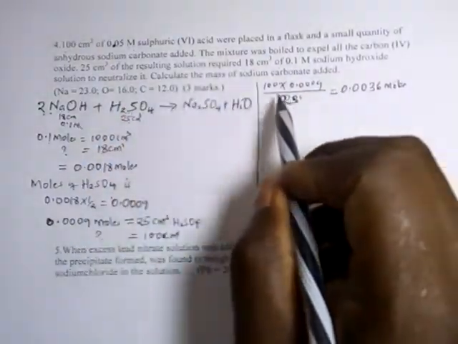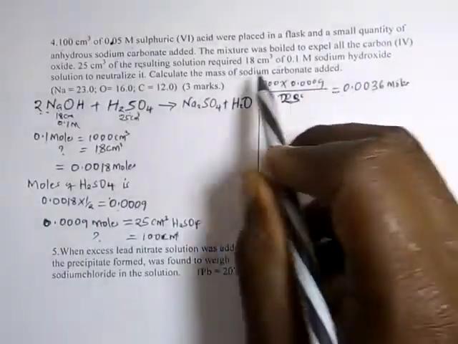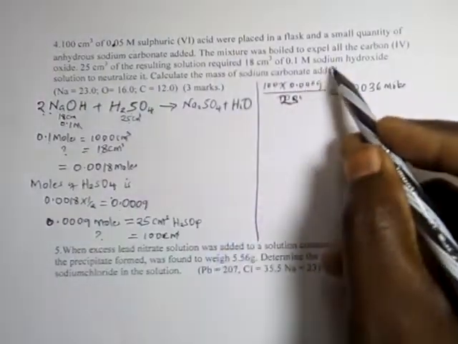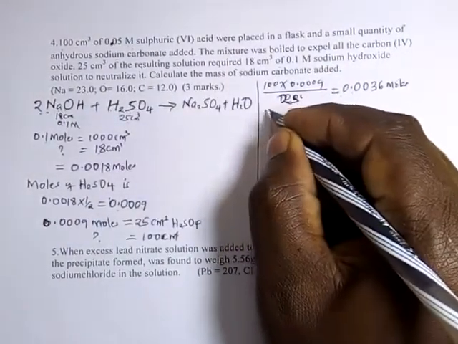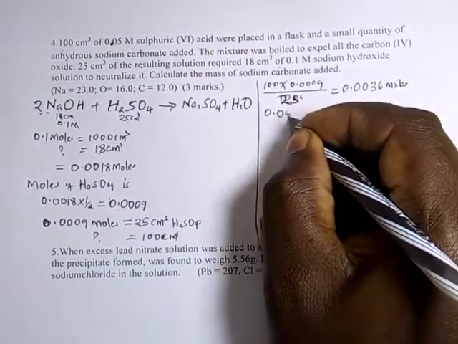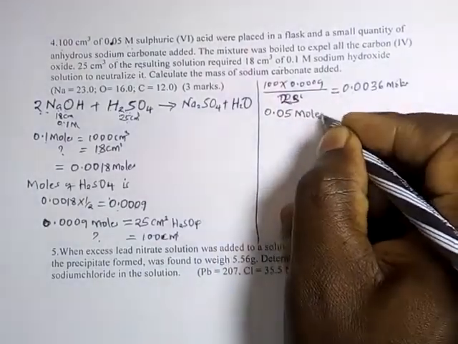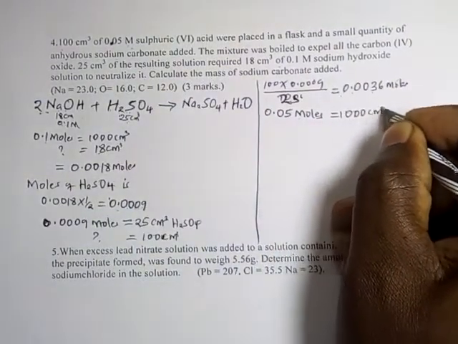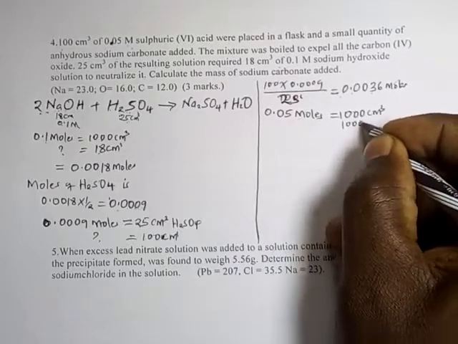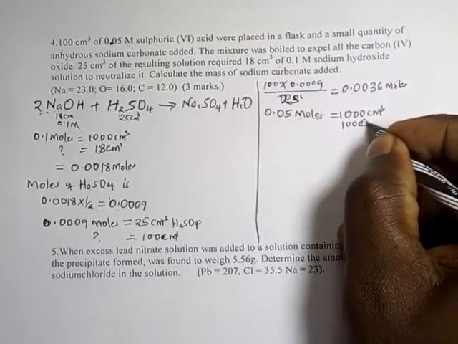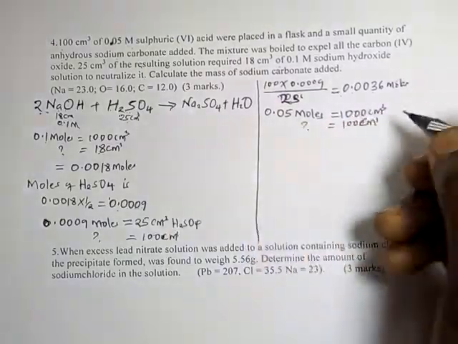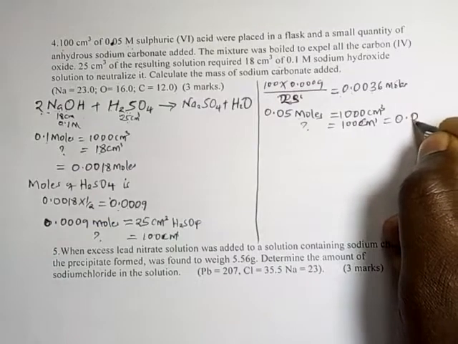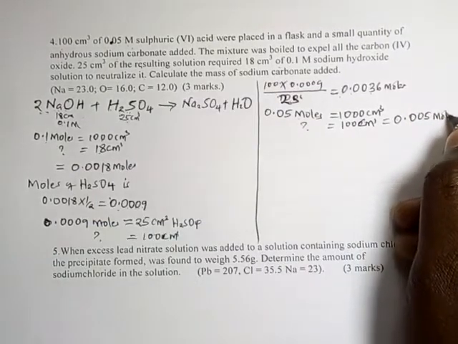Now we can get the number of moles of the original and then subtract and see the number of moles of the sulfuric acid that reacted with the carbonate. So moles of the original is 0.05, the number of moles in the original acid, which are in 1,000 centimeters cube. What is the number of moles in 100 centimeters cube of the original sulfuric acid? This one will give us 0.005 moles.